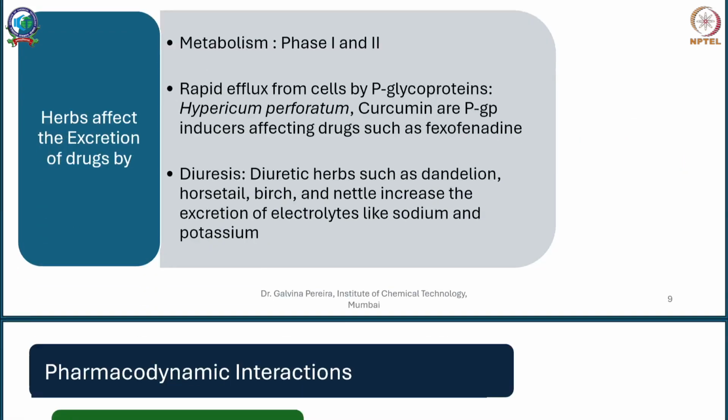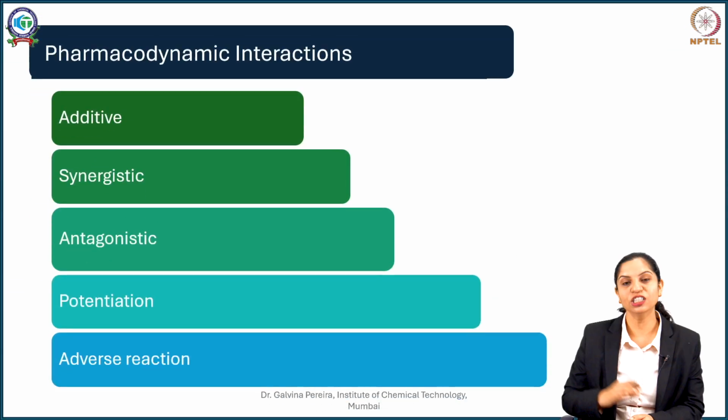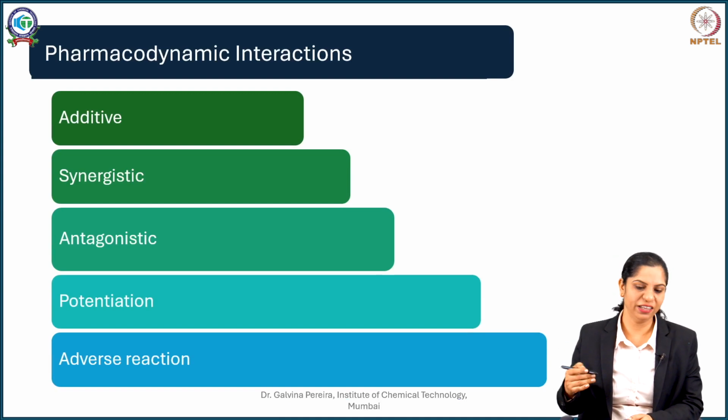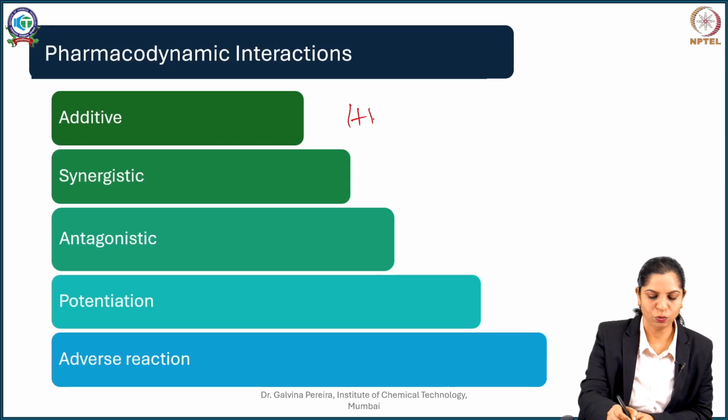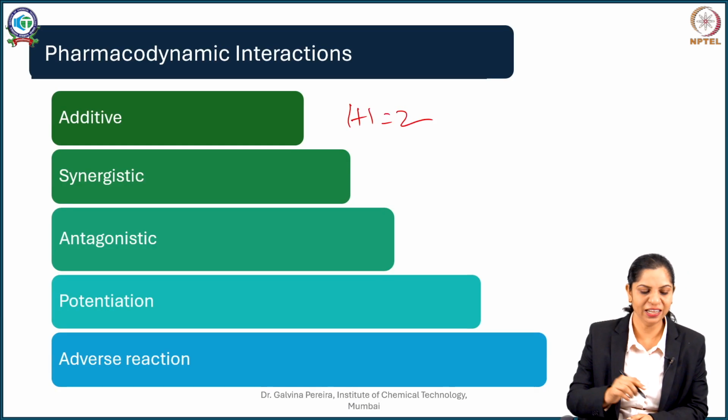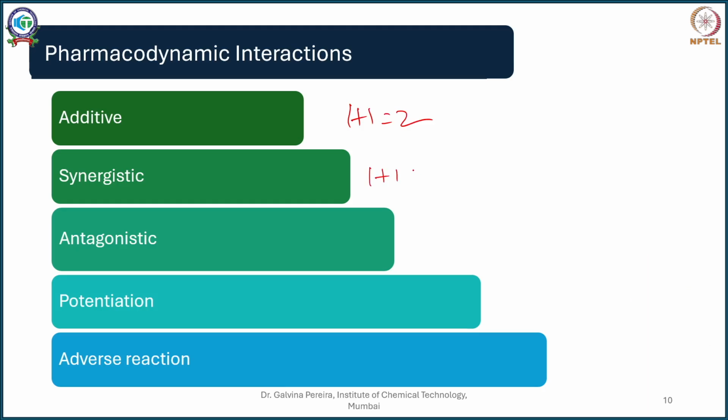Now coming to your pharmacodynamic interactions, if you recollect this slide, we saw in the previous session that pharmacodynamic interactions can be additive. You remember 1 plus 1 is equal to 2. That means the effect of both of the drugs are added. They can be synergistic, if you recollect, more than addition, or antagonistic.